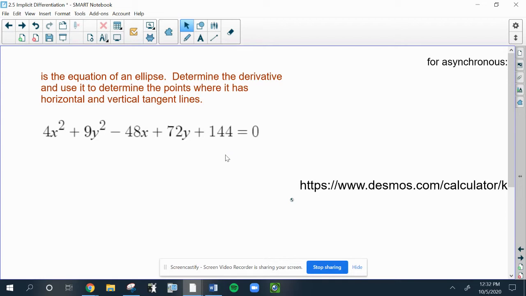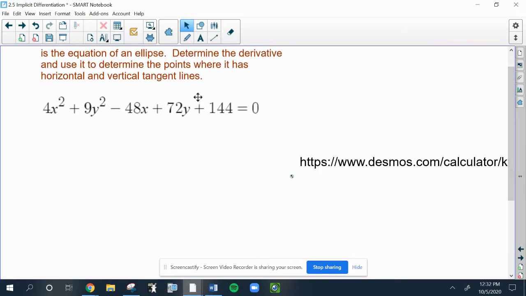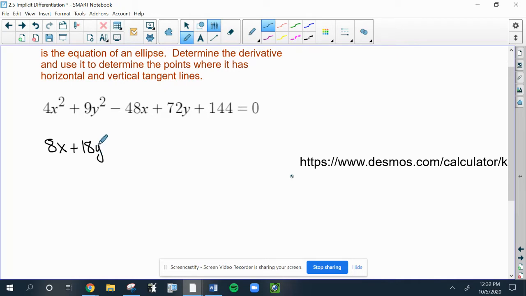So let's first find y prime. We're going to do this implicitly by taking the derivative of everything with respect to x. So the derivative of 4x squared is 8x. The derivative of 9y squared is 18y to the first, that's the derivative of the outside, left the y alone, times the derivative of the inside with respect to x.